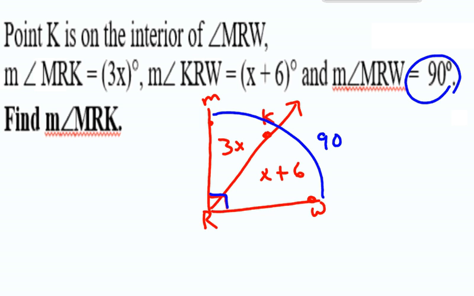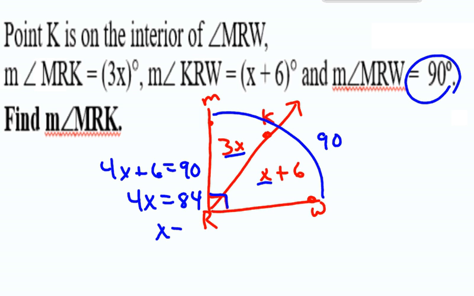All right, so this is going to give me 4x plus 6 equals 90 when I put my x terms together. 3x plus x gives me 4x. When I subtract 6 from both sides, I get 4x equals 84 and x equals 21.